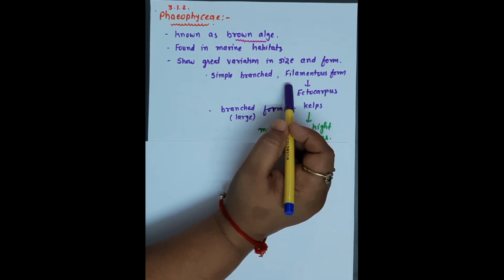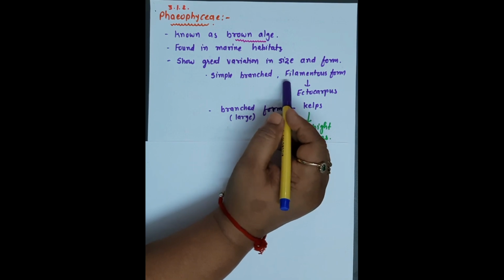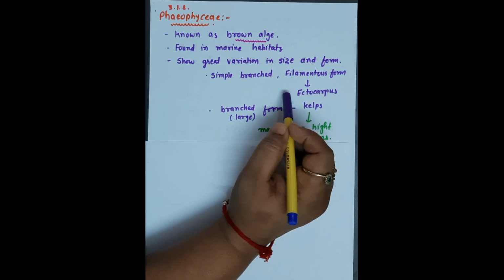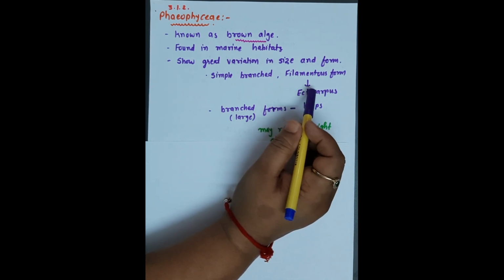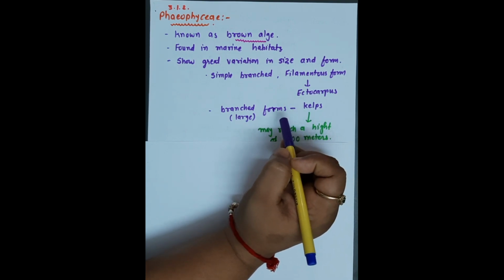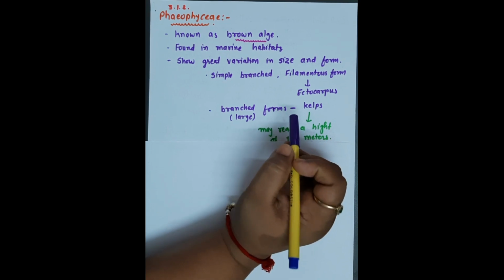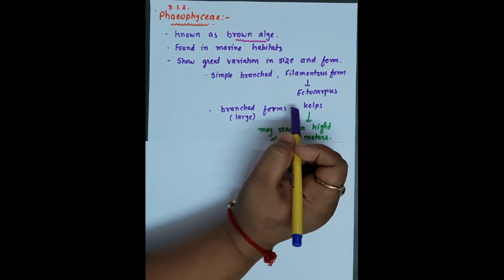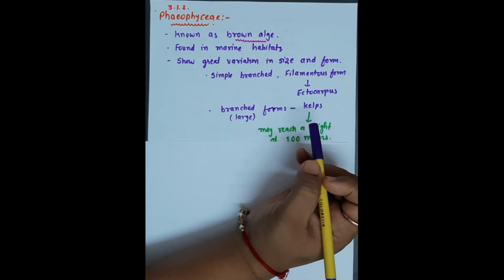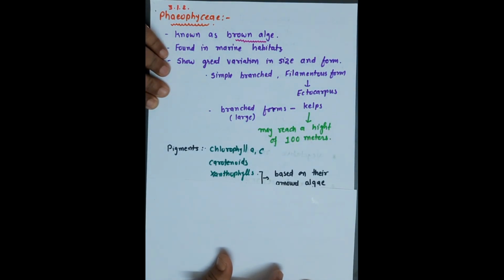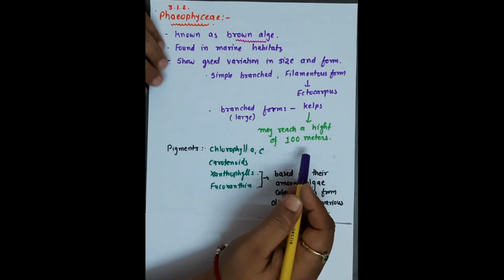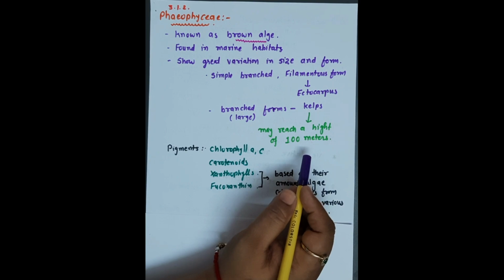An example is Ectocarpus, a simple branched filamentous form, and they may even be large branched forms, which are known as the kelps. Kelps may reach a height of 100 meters, meaning their size is so big that they can gain a height of 100 meters.